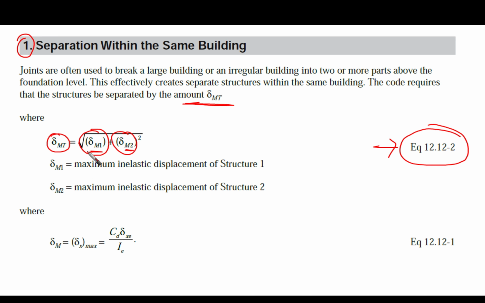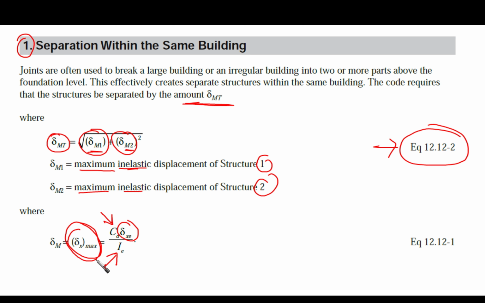Actually, this delta M1 and delta M2 are, as we said, the maximum inelastic displacements for structure 1 and structure 2. They are obtained from the elastic displacement multiplied by Cd and divided by the importance factor.